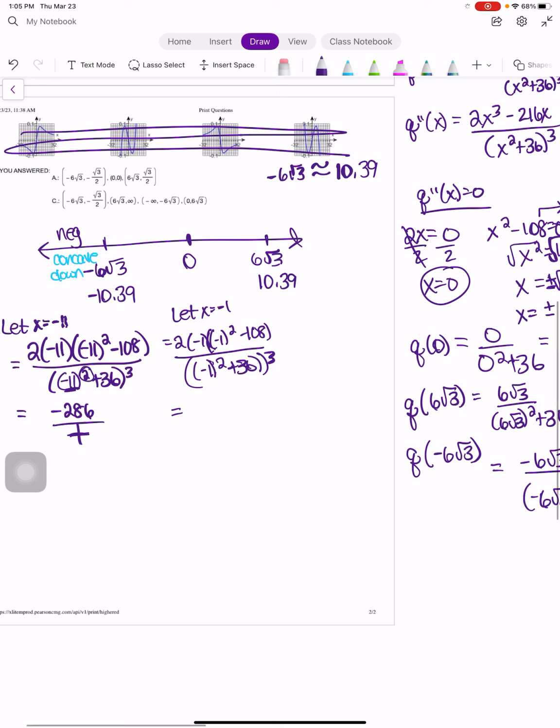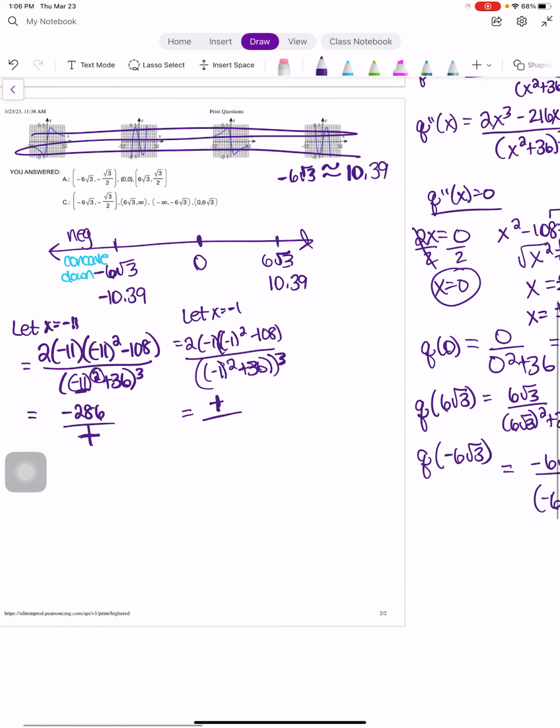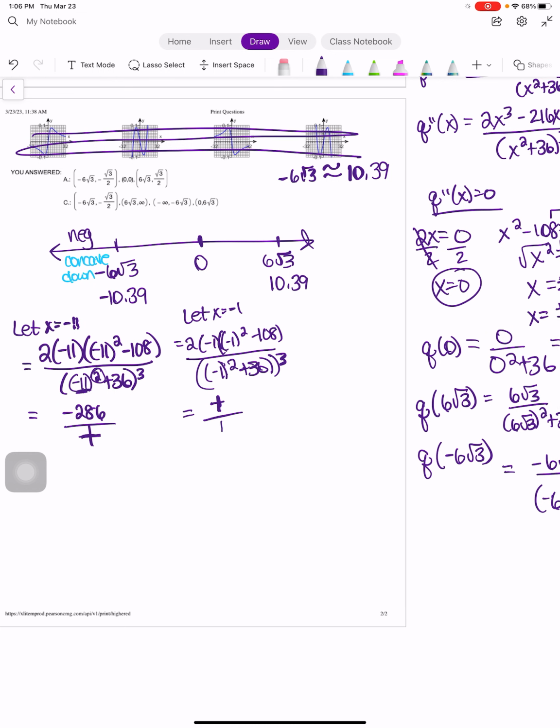In my numerator, I know I have negative 1 squared, but that's just 1, and 1 minus 108, of course, is a negative number. So in my numerator, I have 2 times a negative number times a negative number, so that's going to be positive. And in my denominator, for the very same reason as before, my denominator will always be positive, okay? So that's positive, and so what that means is that it is concave up.